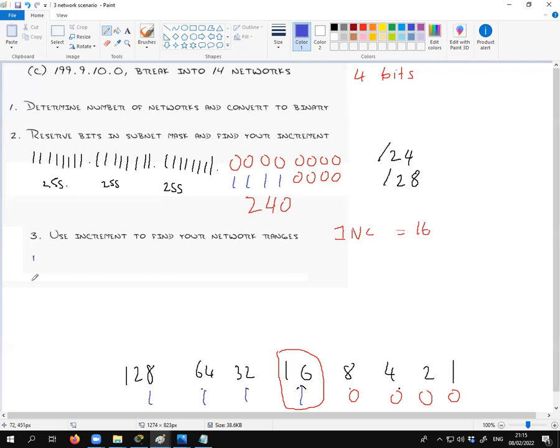Subnet number 1, subnet number 2, subnet number 3. Network number 1 is going to be, you start at the start. 0 is always a perfect starting point. You say 199.9.10.0. Second network is going to be 199.9.10.16. Increment is 16. It's a value in which your new subnets will increment by.